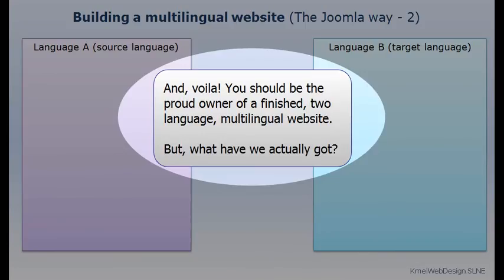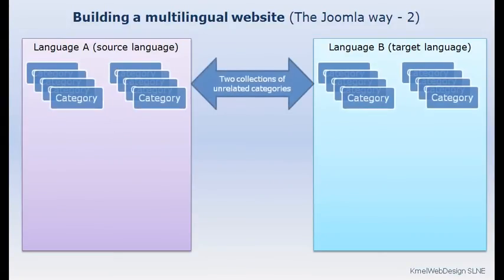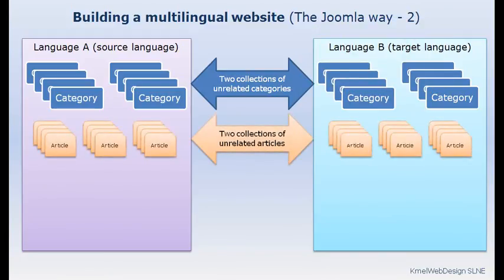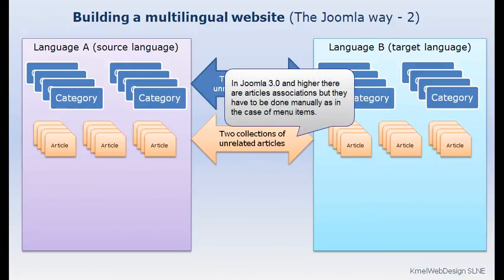But what have we actually got? Right now, what we have are two collections of unrelated categories. In Joomla 3.0 or higher, there are category associations, but they have to be selected manually, as in the case of menu items. Two collections of unrelated articles. In Joomla 3.0 and up, there are article associations, but they have to be done manually, as in the case of menu items.